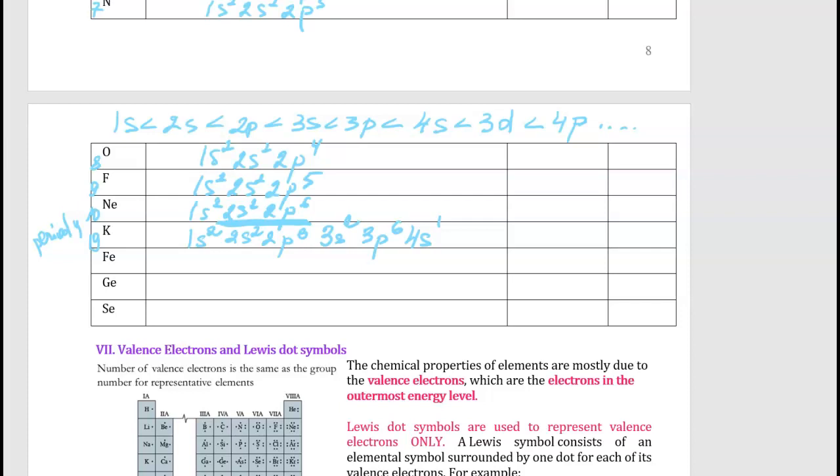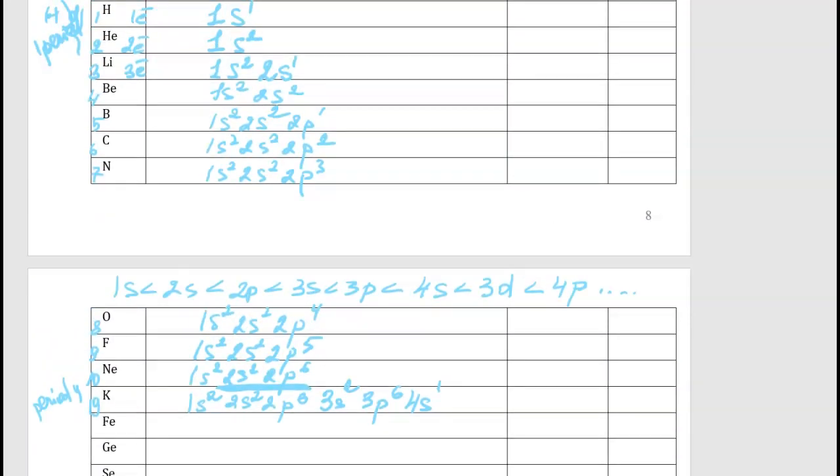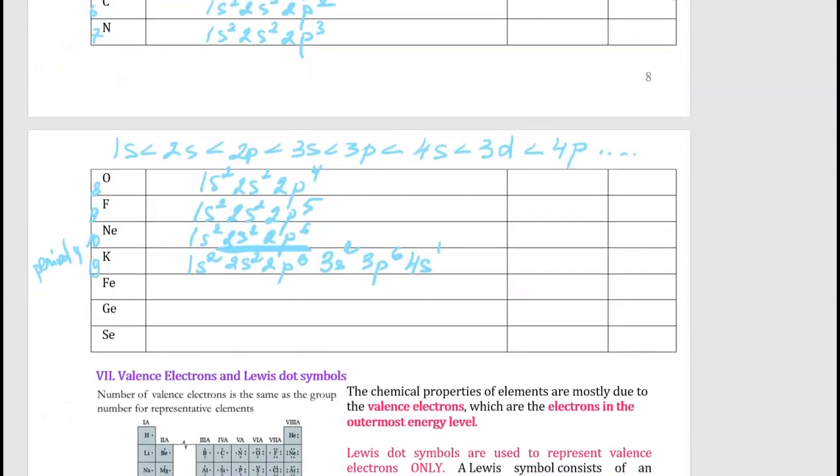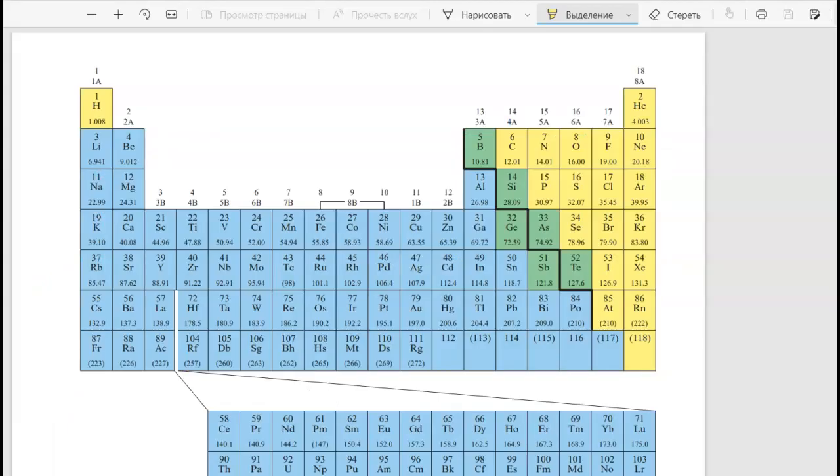But just pay attention, all these elements from hydrogen to potassium are located in main groups, right? Just to remind you, A means main group. So hydrogen, helium, from lithium to neon, potassium too, and all elements of the third period are located in the main groups.